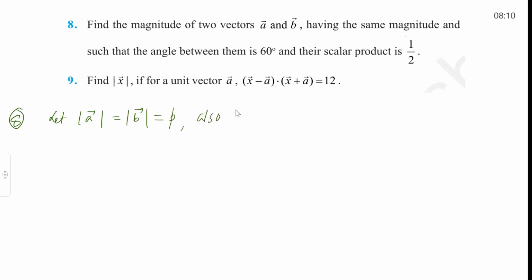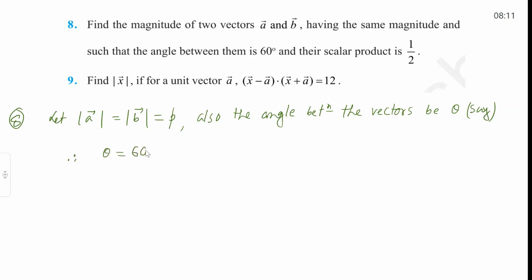Also the angle between the vectors be theta. So therefore theta is equal to 60 degree.